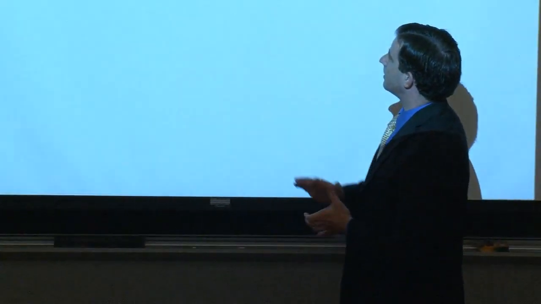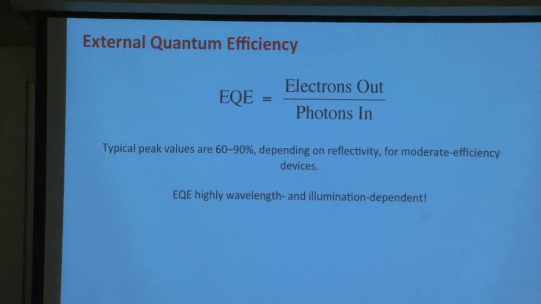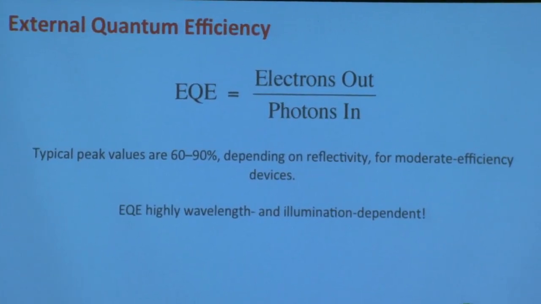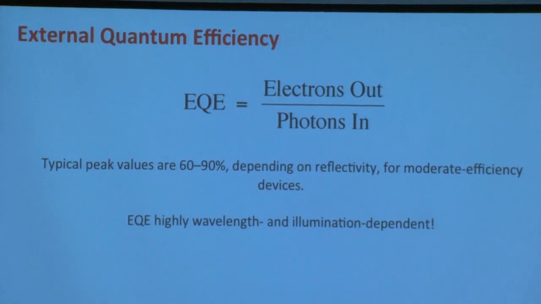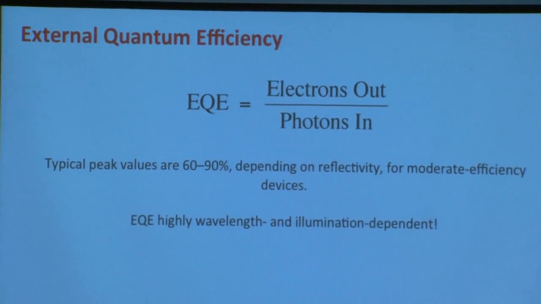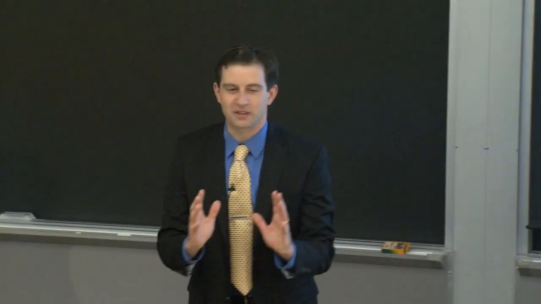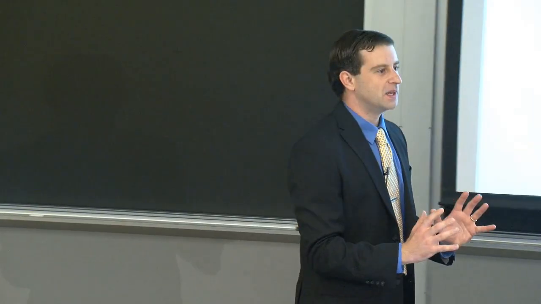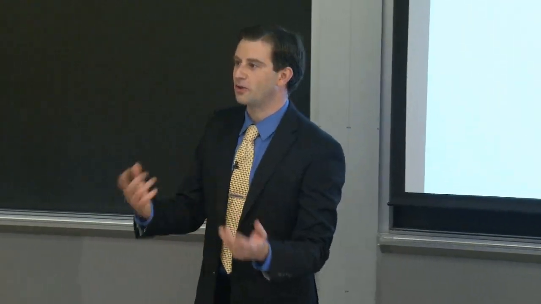So the EQE, external quantum efficiency, typical peak values range between 60 and 90%, depending on the reflectivity, for moderate efficiency devices, right? The reason peak values range from 60 to 90 is because there's going to be some band of wavelengths at which the solar cell really responds well. It's really efficient at converting those photons into electron hole pairs.